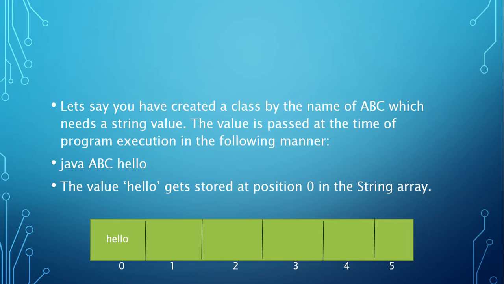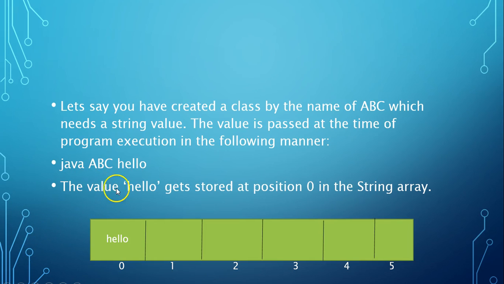If you need another value to be sent, then you will again put a space after hello and submit the next value. So as many values as you want to give to the program, you just have to keep putting a space and entering all the values. So java space class name space and the list of values separated from each other by a space.